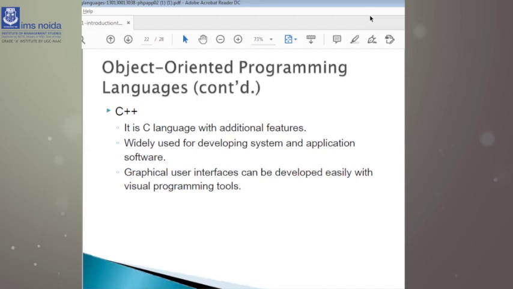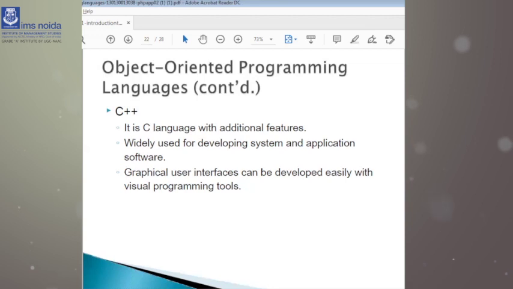In C++, we use the concept of object, so it is also called an object-oriented programming language. So what is an object? We create an object for reusability and accessibility.